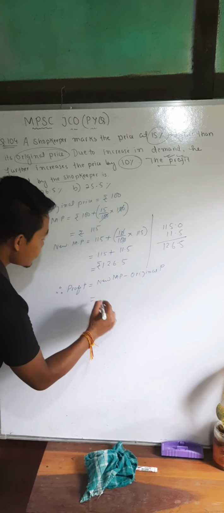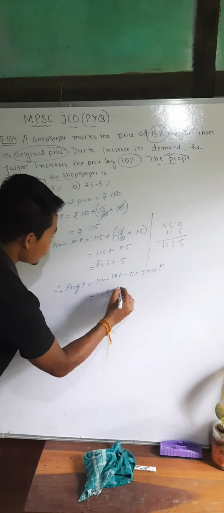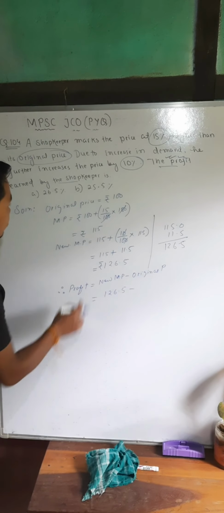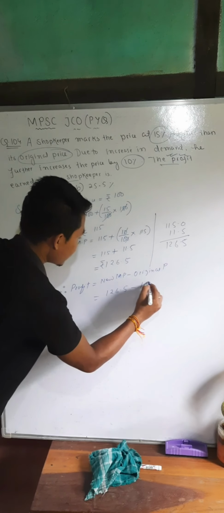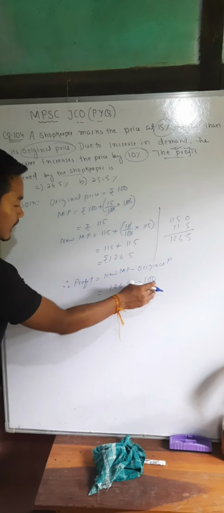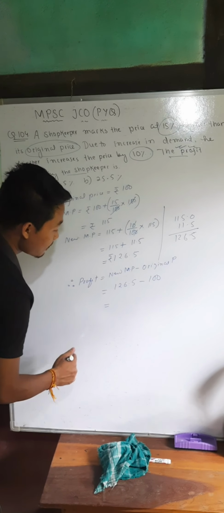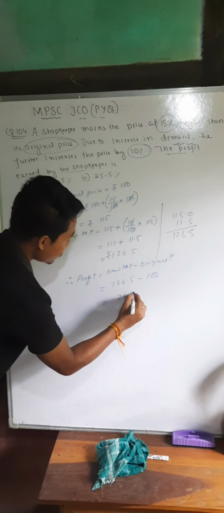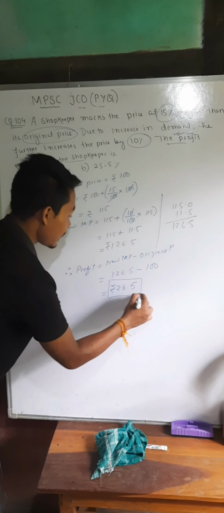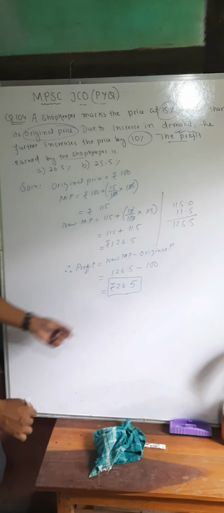New mark price is 126.5 minus 100, which will give us 26.5. This is the total profit earned by the shopkeeper, 26.5.